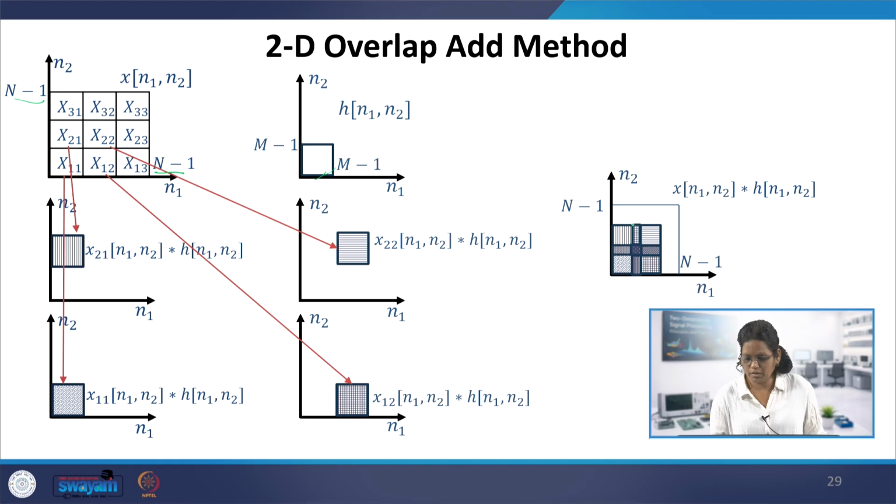These portions should be added. Whatever the samples are there, as we did in the overlap add method, need to be added to get X convolution H, which would be n minus 1 and n minus 1. So this is how the overlap add method is done. We are simply extending the idea from 1D to the case of 2D.